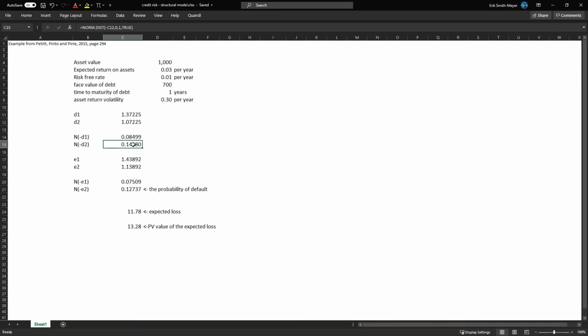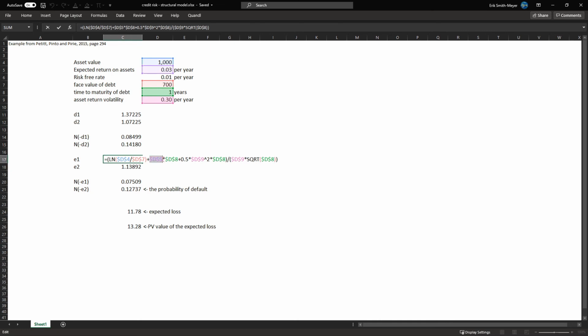If we walk away from the risk-neutral world into the real world, then we can get E1 and E2, and the only difference between E1 and E2 and D1 and D2 is the drift term. So here we use the expected return on assets, not the risk-free rate.